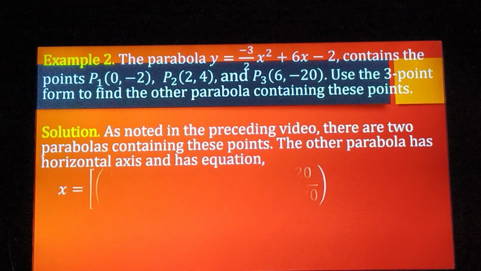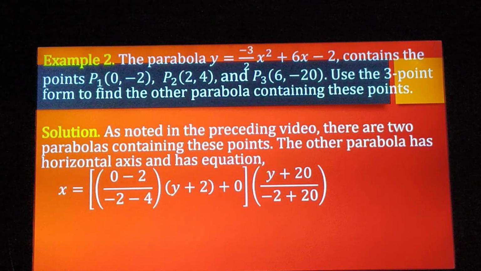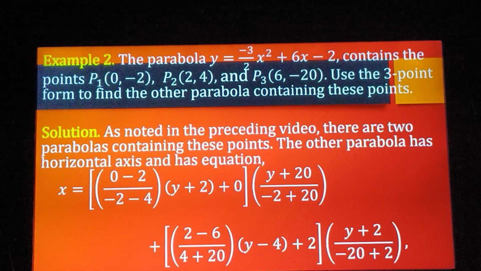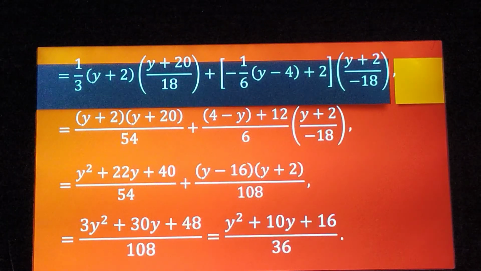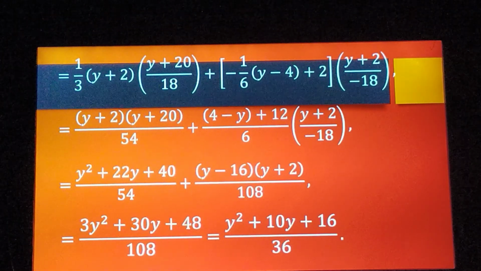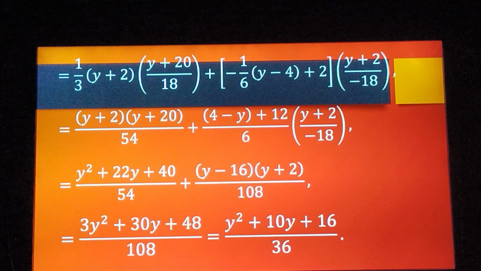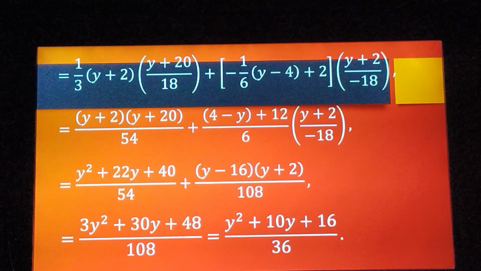When we plug in the given values in the 3-point form for a parabola of this type, we have this equation, which simplifies further, and finally we have (y² + 10y + 16)/36.